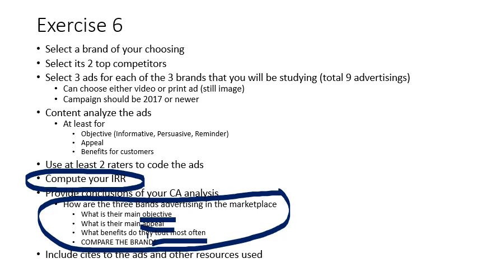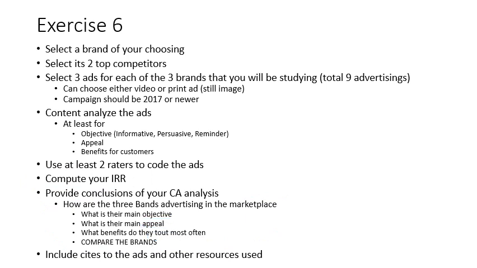So compare those brands and tell me what you can learn from this exercise. To finalize, if you use any resources, include citations, and if you don't include any other citations, at least cite the ads. Where can I find those advertisements that you are using, so that I can take a look at them?